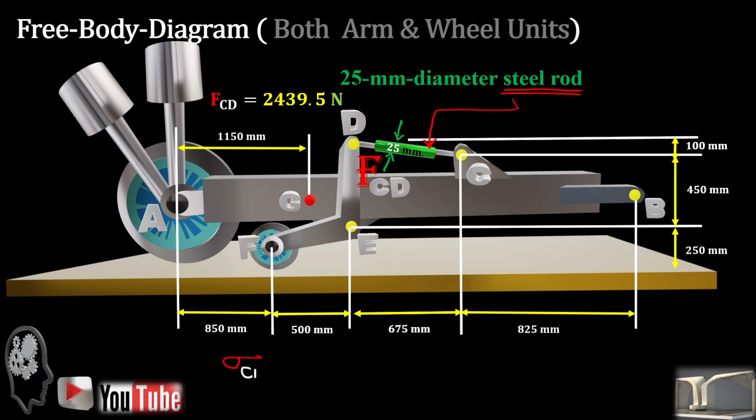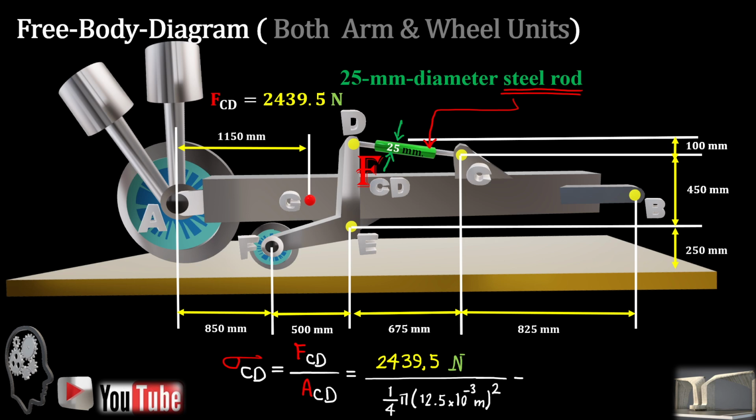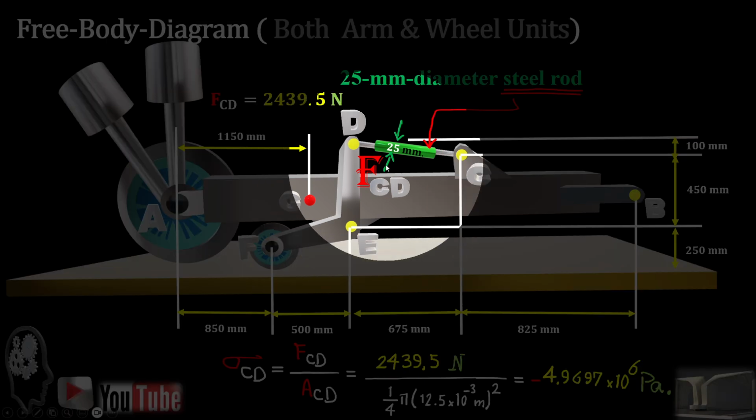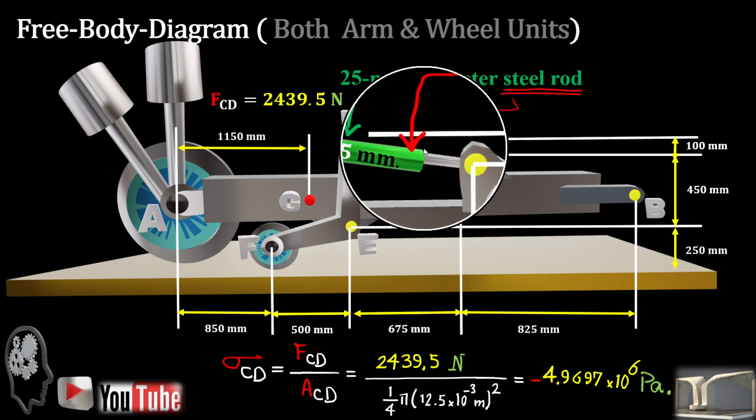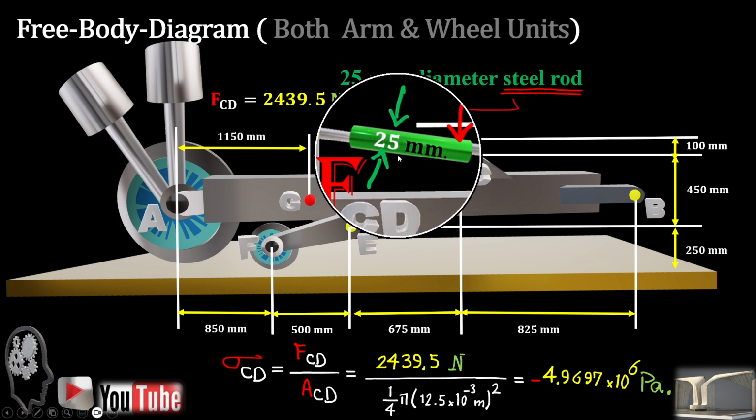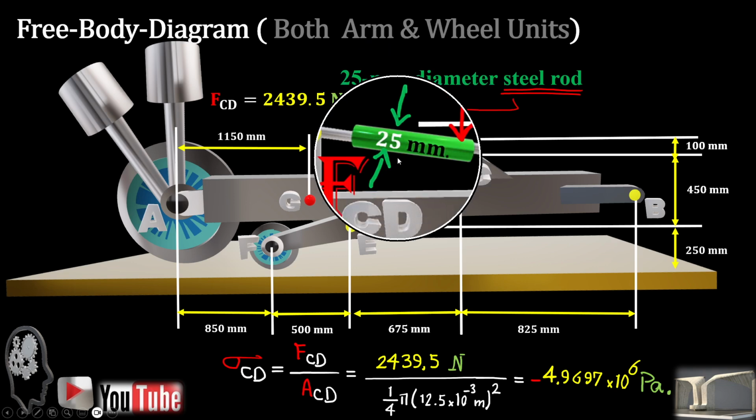As soon as we know the force at CD, FCD equal to 2439.5 newtons, simply dividing the force over the area of CD, which is provided in the figure, gives the normal stress equal to negative 4.96 times 10 to the 6 Pascal, and that's what happens inside the steel rod.